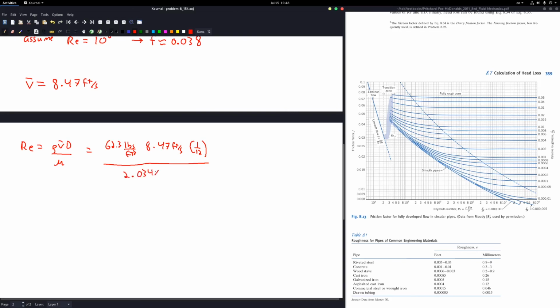Now our next step here is just to verify that our assumption for the Reynolds number was correct.